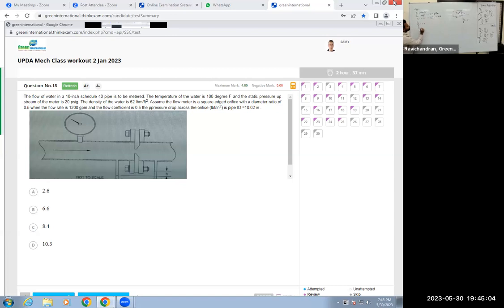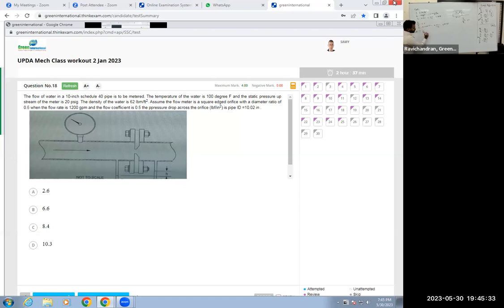So D2 is equal to 0.5 into 10.02 is equal to 5.01 inch, by 12 is equal to 0.417 feet. So we need to find what is delta P.